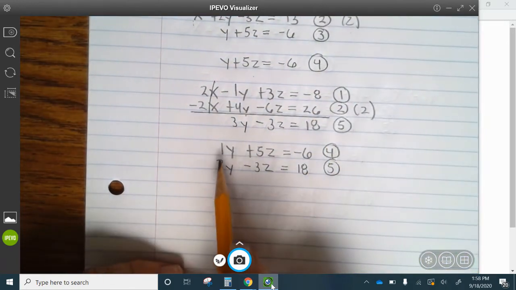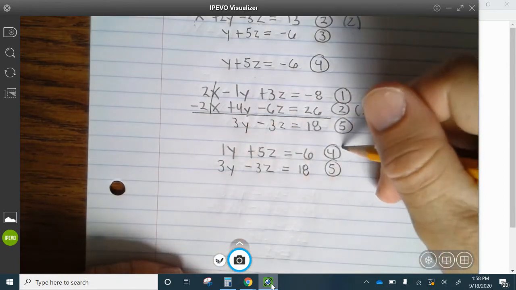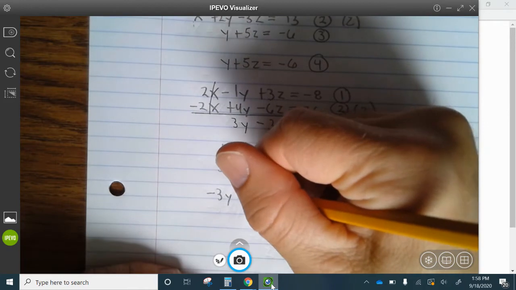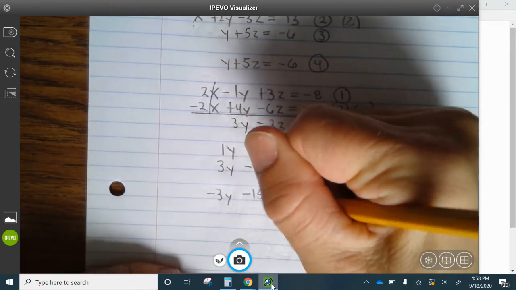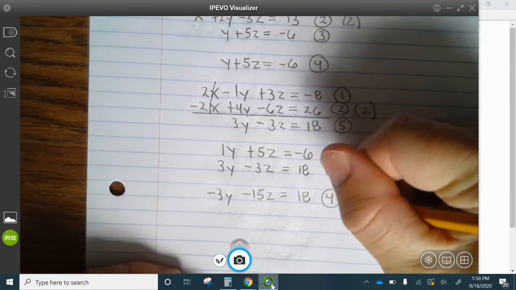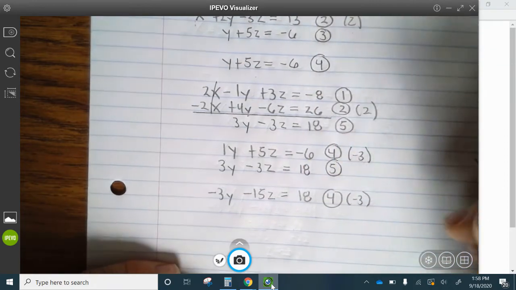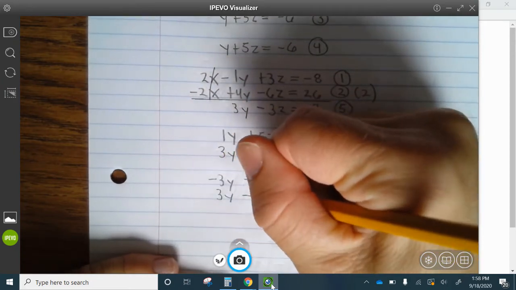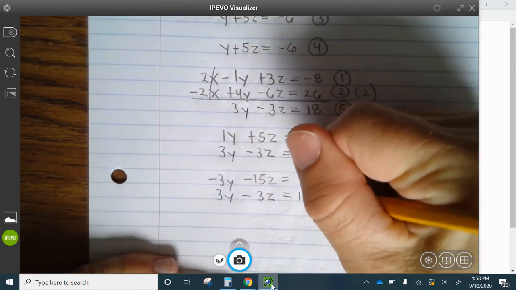And then we have 3y minus 3z equals 18, and that's equation 5. So the y's cancel, you're left with -18z equals 36. Divide both sides by -18. Z equals -2.